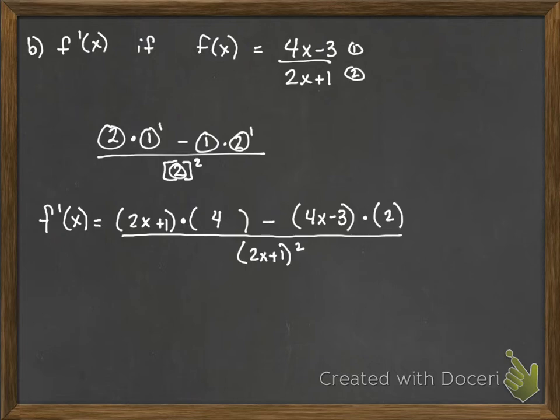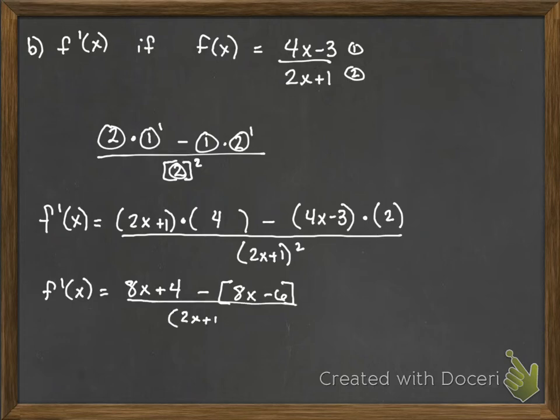So this would be something that we could look at. Obviously I would probably do a little bit of simplification here. I know that 4 times 2x is 8x plus 4, and then this is minus 8x minus 6, all over 2x plus 1 squared.